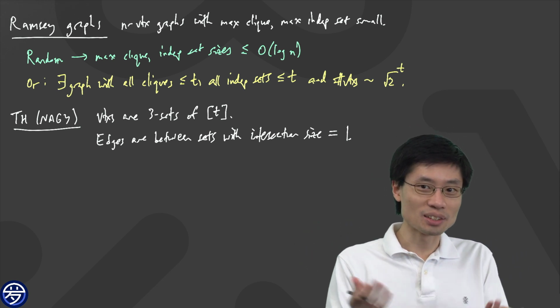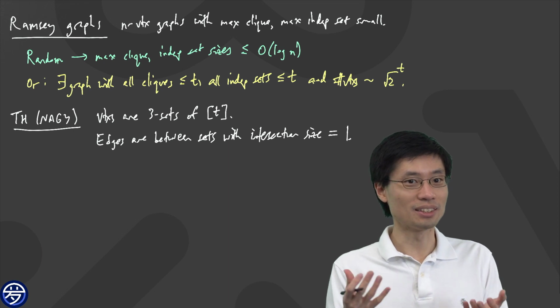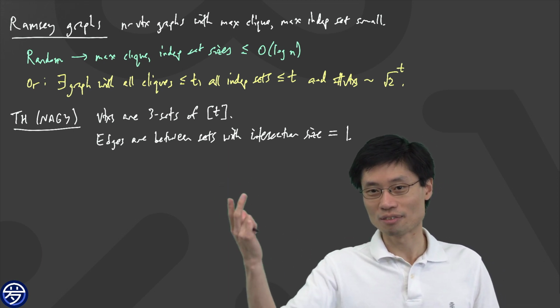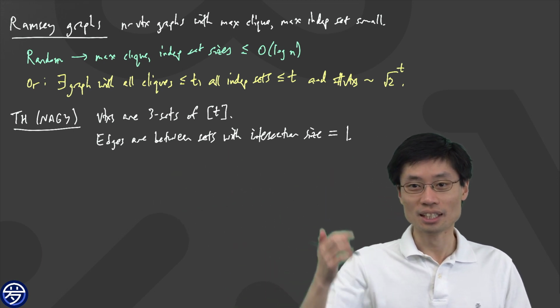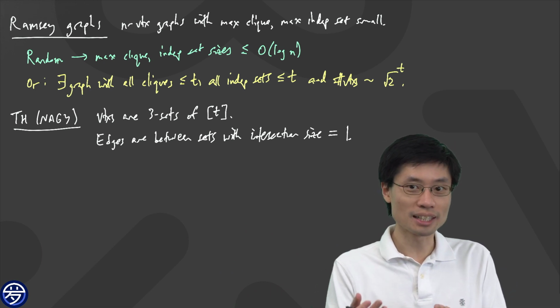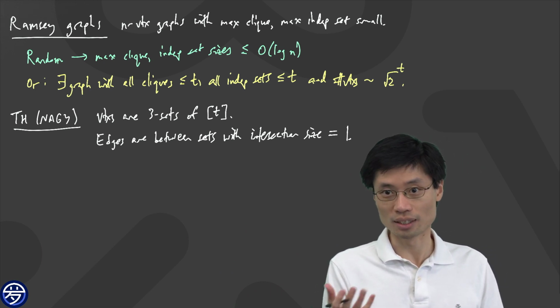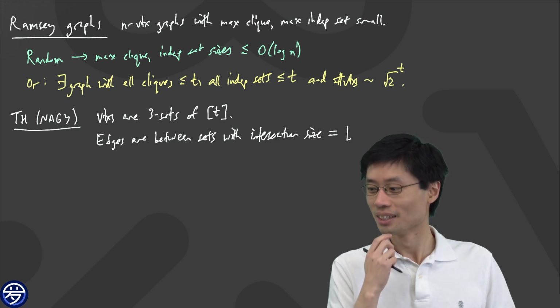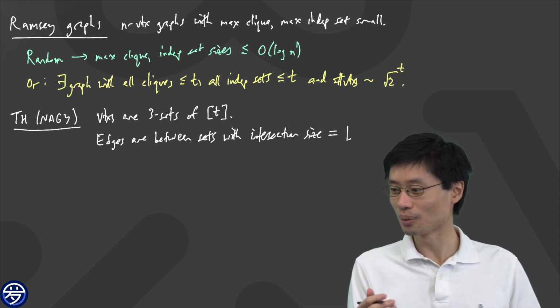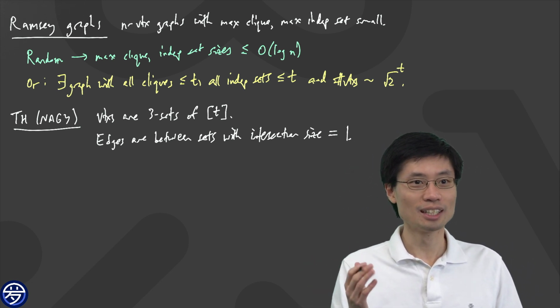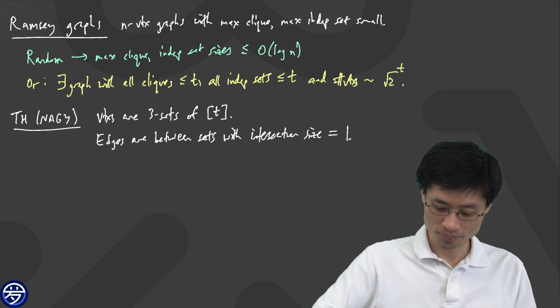And it turns out that you can use some relatively elementary set theory type arguments. You don't need any fancy technology, but if you do something like this, you can show that the biggest clique and the biggest independent set are each at most t plus 1. So that's a bound that we can show. I won't bother to actually show this here because we're about to show something stronger.